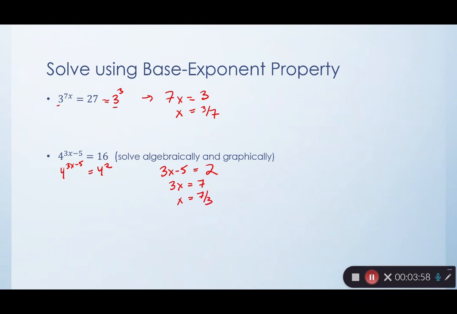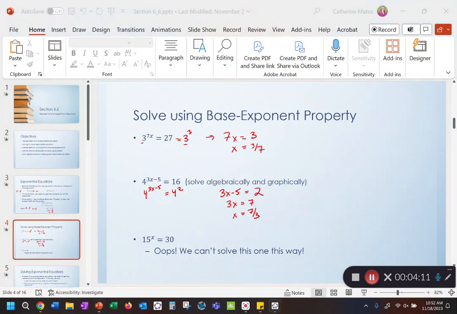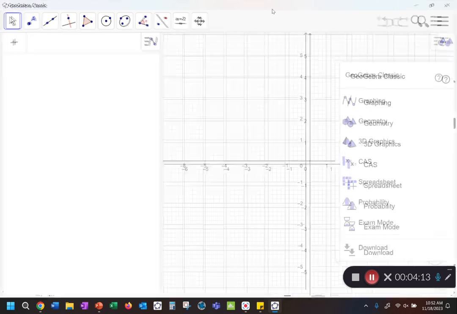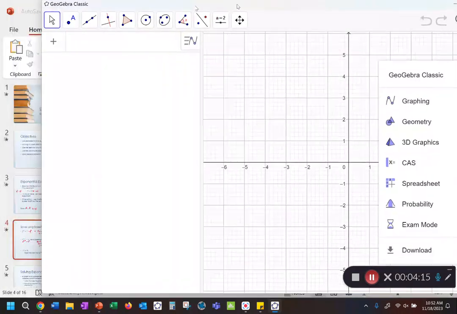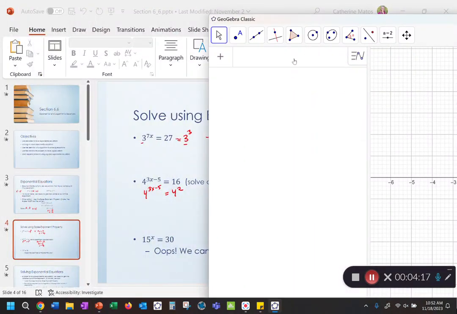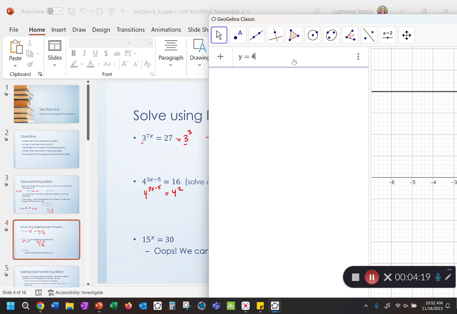Now, the nice thing with these, of course, is that we can verify that our answers are correct by graphing them. So first off, we're going to put in two equations: y equals 4 to the 3x minus 5, and then y equals 16.